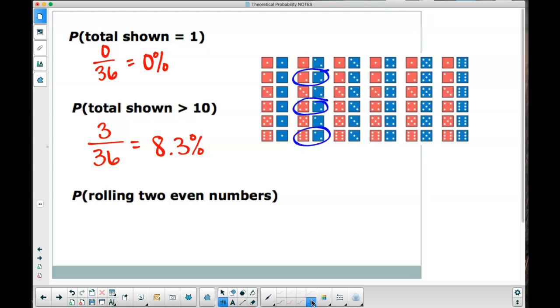These all have a 3 and that's an odd, so I can't choose from there. Here they're both even, both even, both even. These all have a 5. How many are both even? 9 out of 36. And so 9 divided by 36 is 25%.